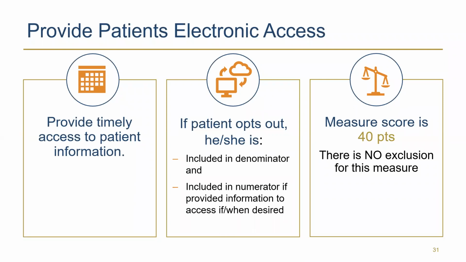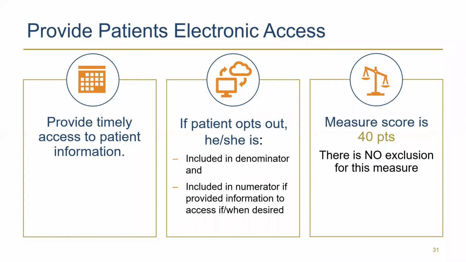This may include informing patients about the patient portal at registration or sending patients the directions to access the portal and download their information. If the patient opts out, he or she is included in the denominator, and they are included in the numerator if the patient is provided information when they subsequently desire to access. Therefore, it is really important to document any outreach to the patients that is completed in an effort to provide this access.